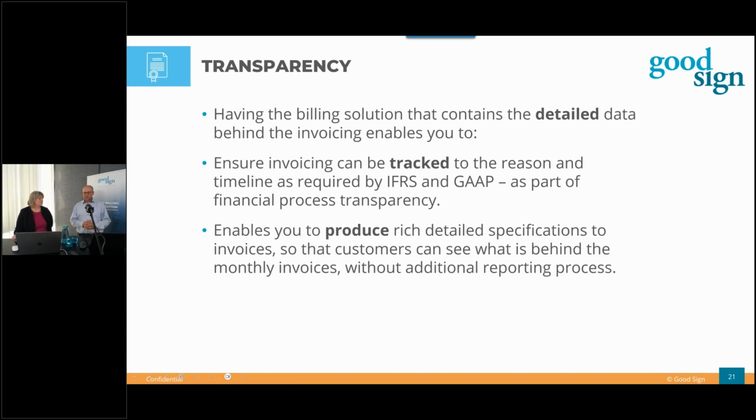And maybe even so that the accounts payable just gets the invoice, but your counterparty service manager might separately get the detailed specification, this is what it was based on, so that they can check it. So that's part of transparency, not only from the auditing and finance process, but also being transparent with your customers. And again, you avoid additional reporting processes by email or so forth.